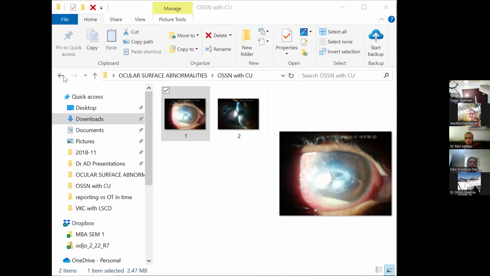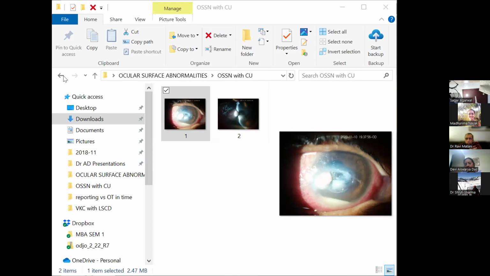So it could be a direct invasion of whatever this mass is. It could be a direct invasion, and what we are seeing is an invasion, and could be a pseudo hypopion also. So my thought on this was that this is a raised tumor, and this is causing a Dellen effect. Because there is a breakup in the tear film ahead of it, that area will be prone for ulceration.